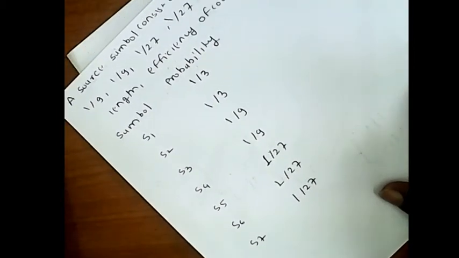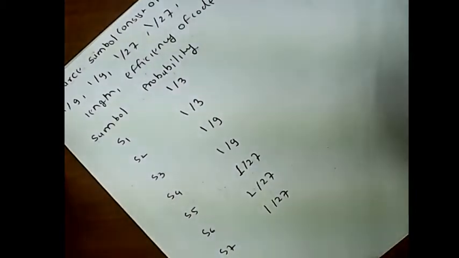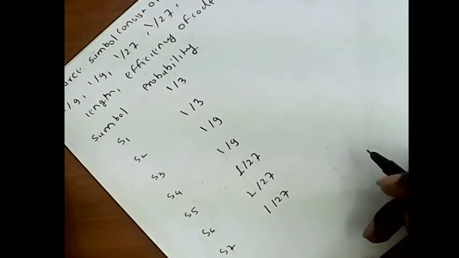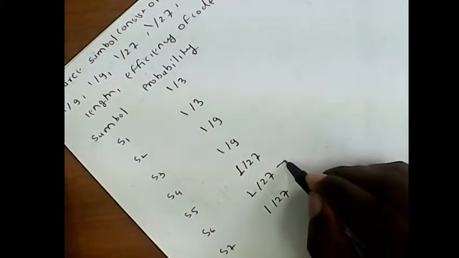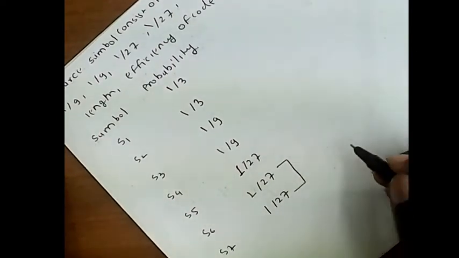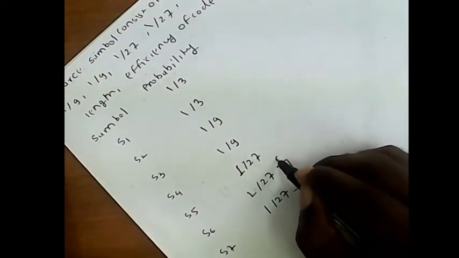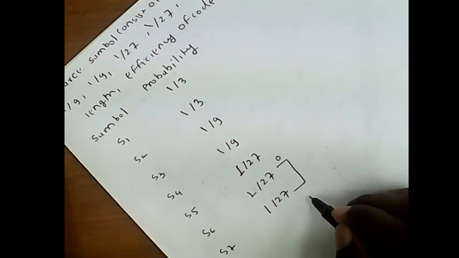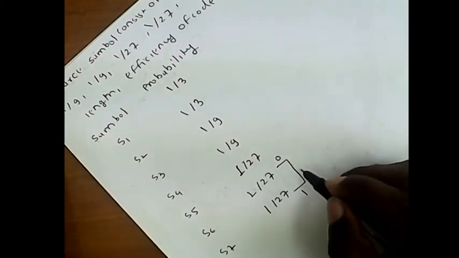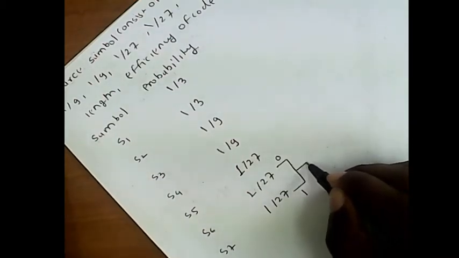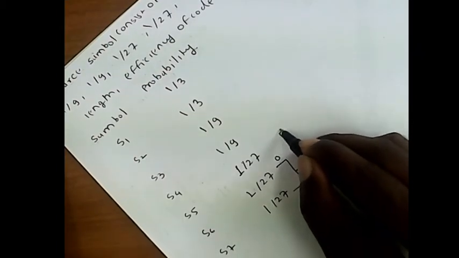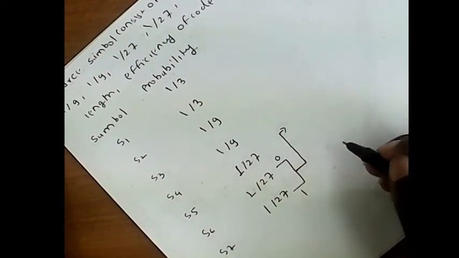Then write the symbols in decreasing order of probability. Then combine the lower two probabilities, assign bit 0 to the upper and 1 to the lower. Then place the combined probability as high as possible, according to the decreasing order.